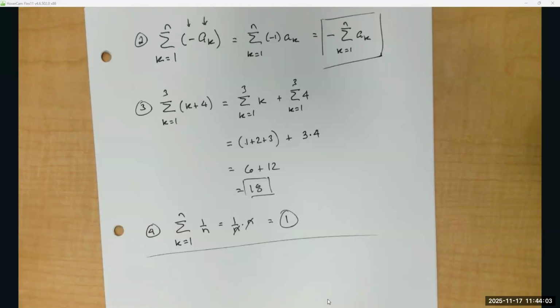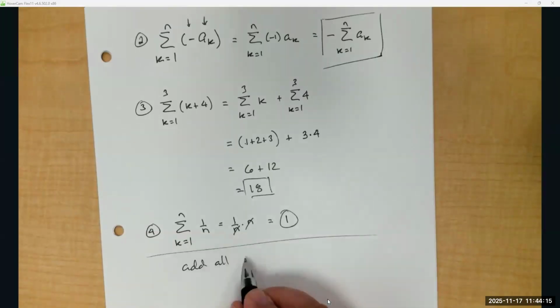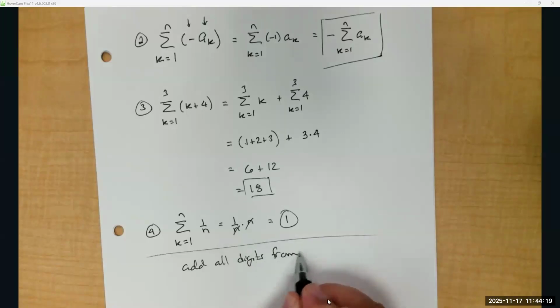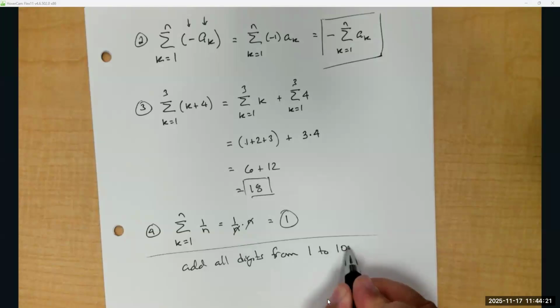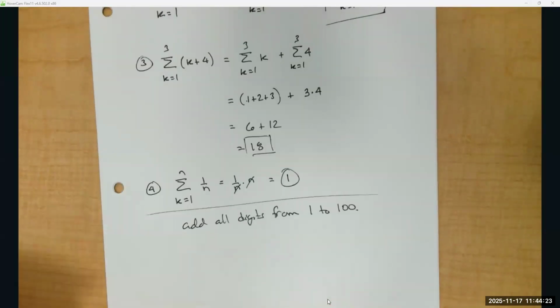So to punish him, the teacher says, okay, go outside and don't come back until you add up all the digits from 1 to 100. He came back about 5 minutes later with the answer, which upset him even more. This is how he did it.